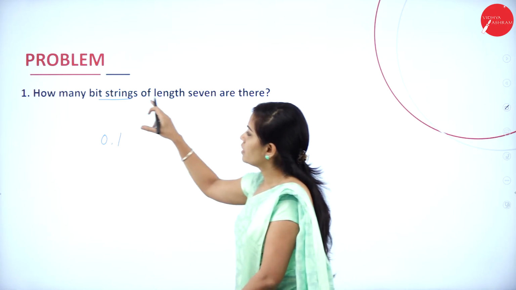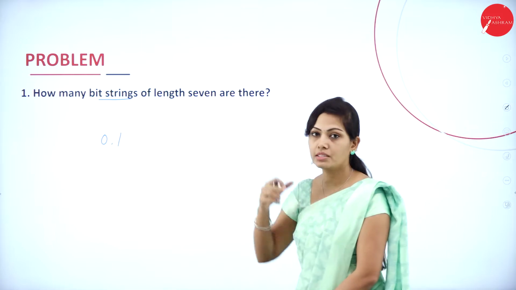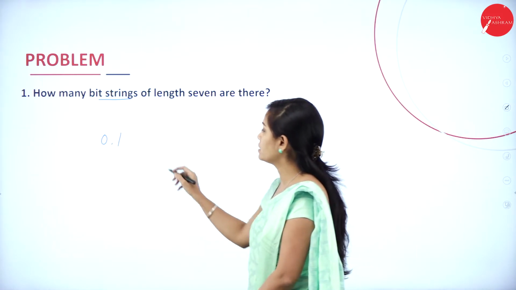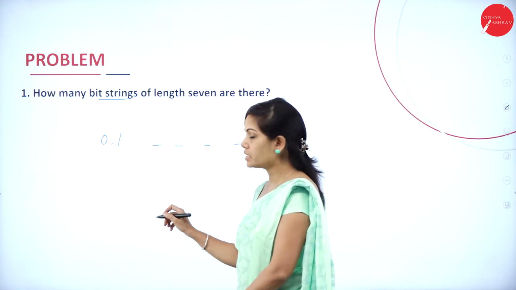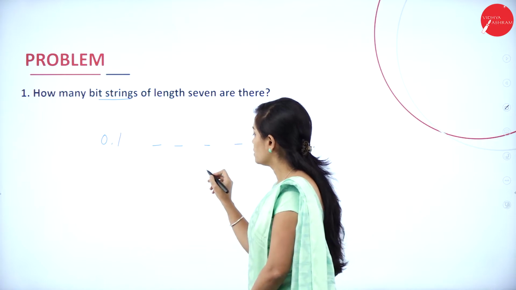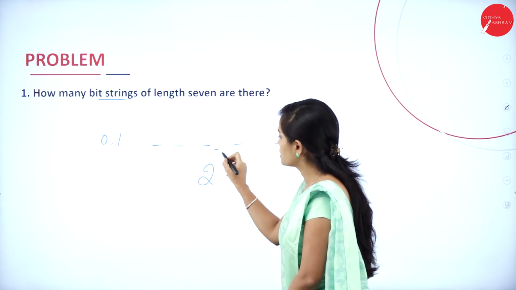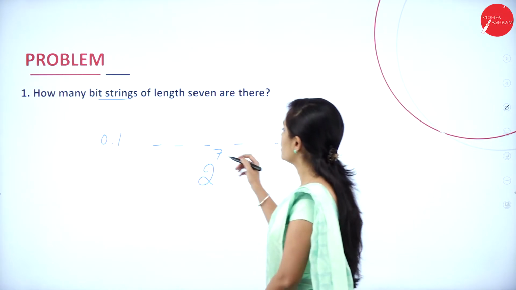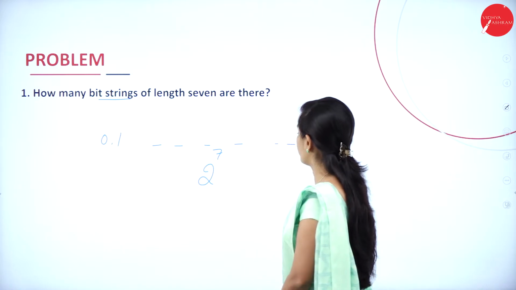So here, how many bit strings of length 7 are there? Since each bit is either 0 or 1, we apply the product rule. So here, positions 1, 2, 3, 4, 5, 6, 7.